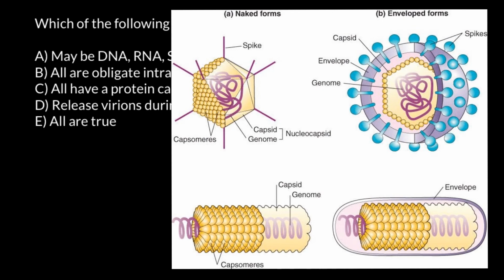For example, they can be helical or icosahedral, like on this picture, and also they may have an envelope that represents a double lipid layer acquired from the cell that this virus left. On this picture you also see the same double lipid layer that we call envelope.